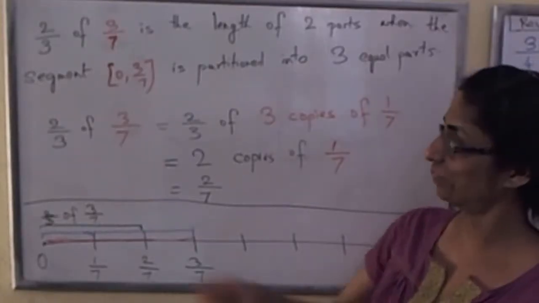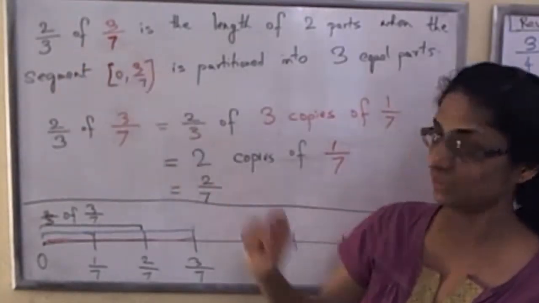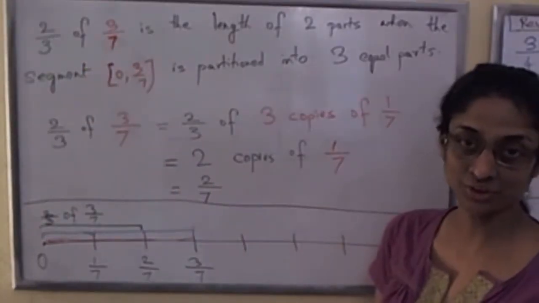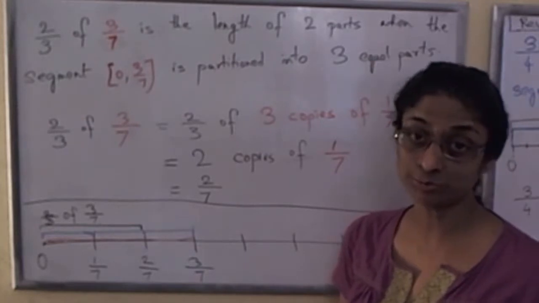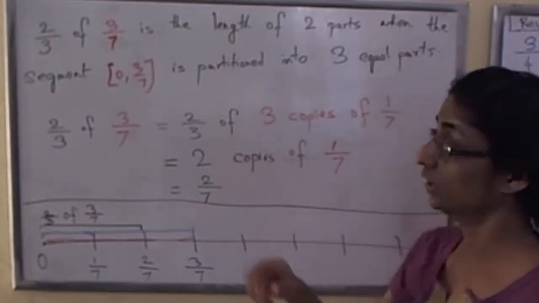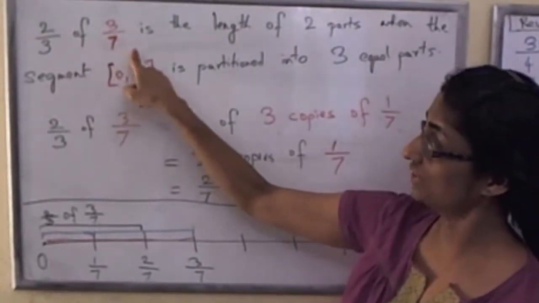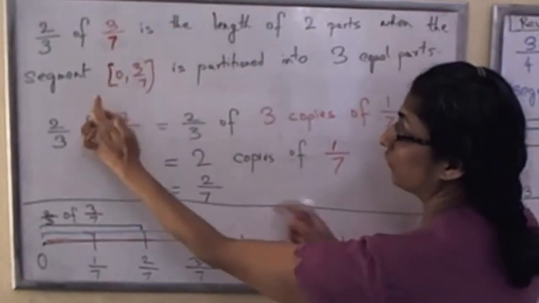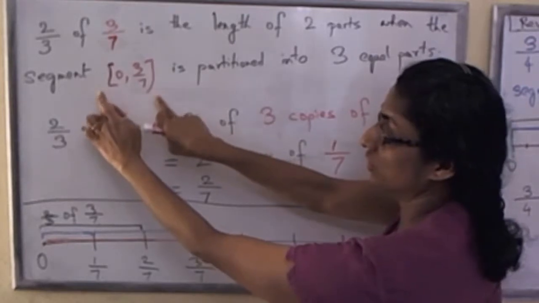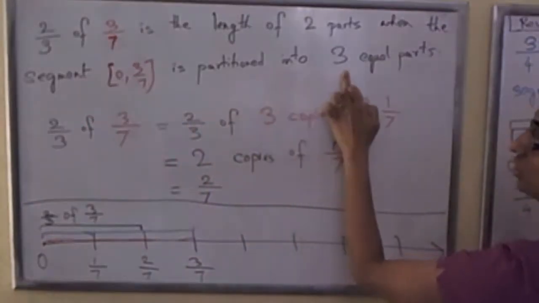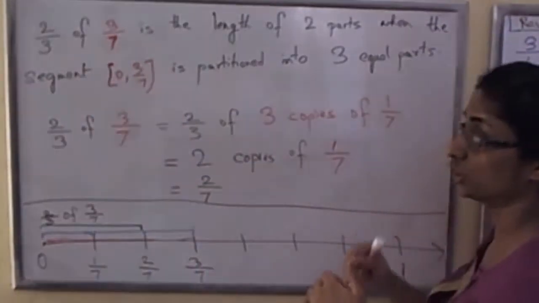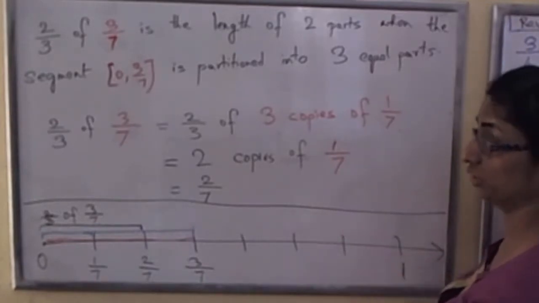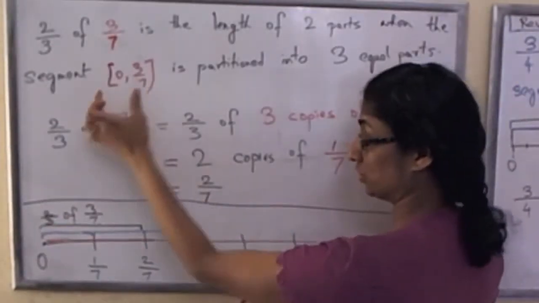Let's look at this example, 2/3 of 3/7. Let's look at the definition, which follows the same line of thought as the previous examples. By definition, 2/3 of 3/7 is the length of two parts when the segment 0 to 3/7 is partitioned into three equal parts. So on the number line picture, we look at the segment 0 to 3/7.